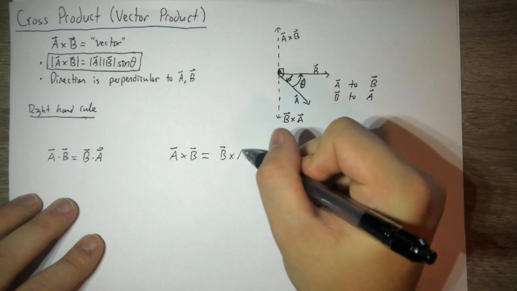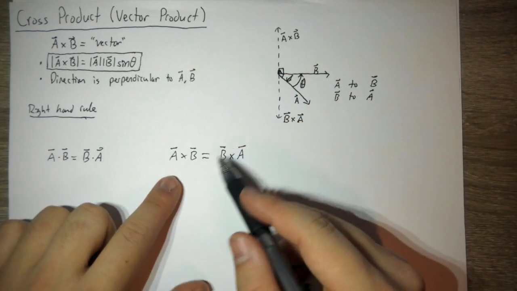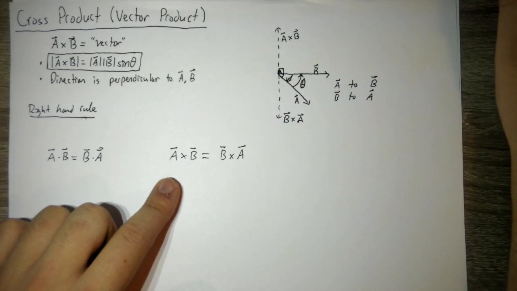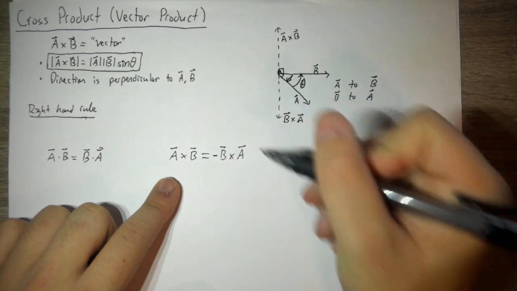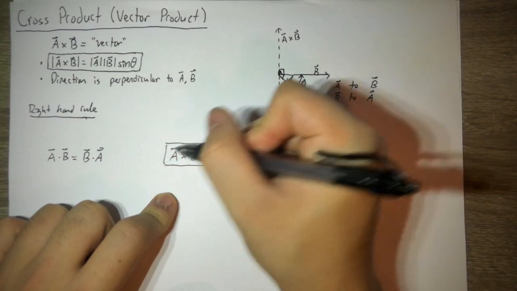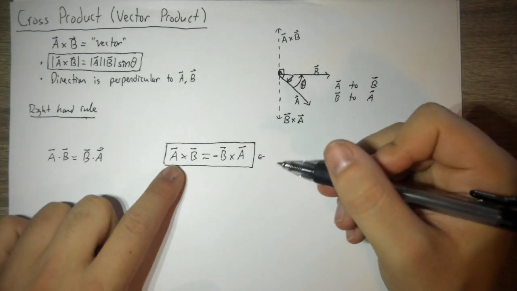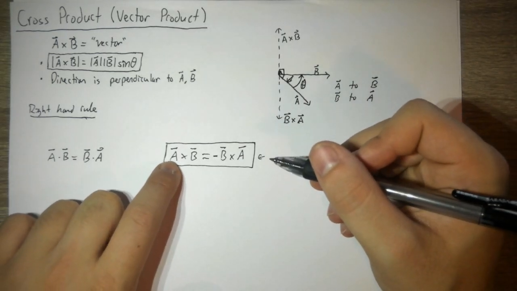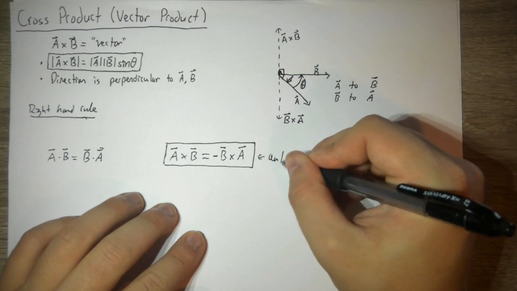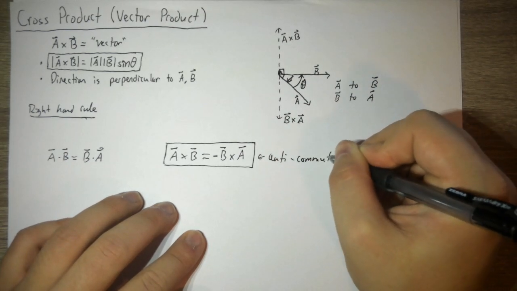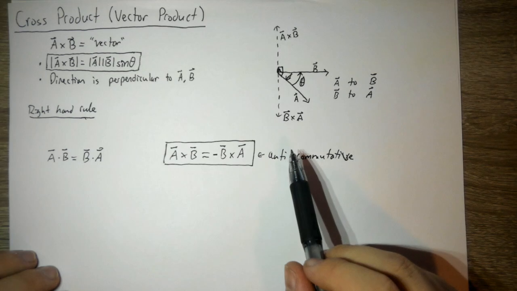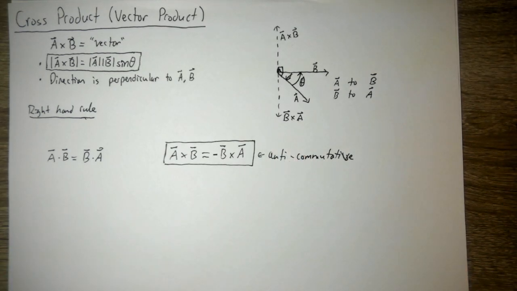They have the same magnitude, they just have opposite directions. So we put a negative here. And so we have this relation where the cross product of A cross B is equal to the negative of B cross A. And we call this anti-commutative. That's just one property of the cross product.